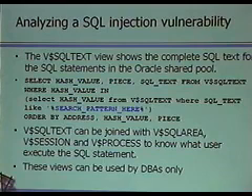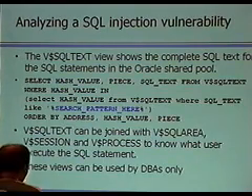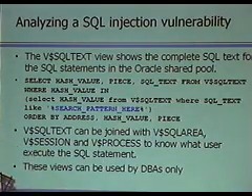Now we will see a method that will allow us to view the vulnerable code of the Oracle packages. For that, we will use the V$SQLTEXT view. That is a view that shows the SQL statements in the Oracle shared pool.